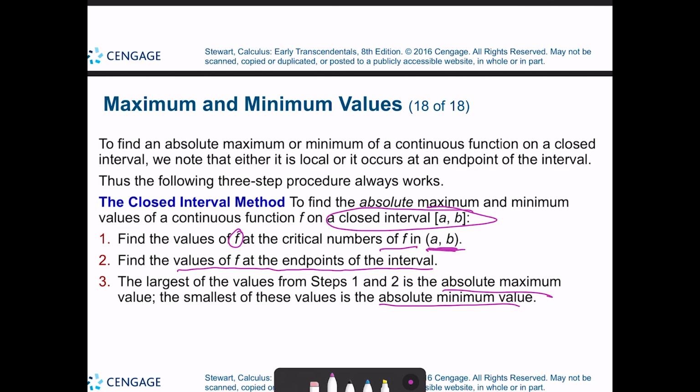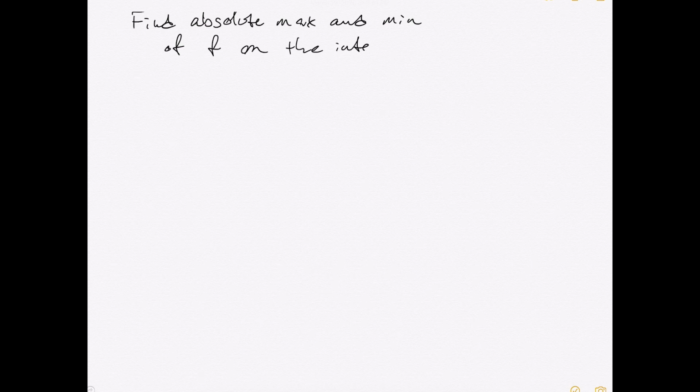All right, I do have some problems queued up. In problem number 3 from the homework set that I'm assigning to go along with this section, we're asked to find the absolute maximum and minimum values of a given function.